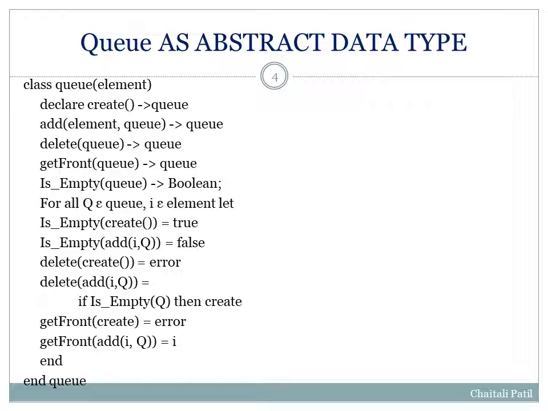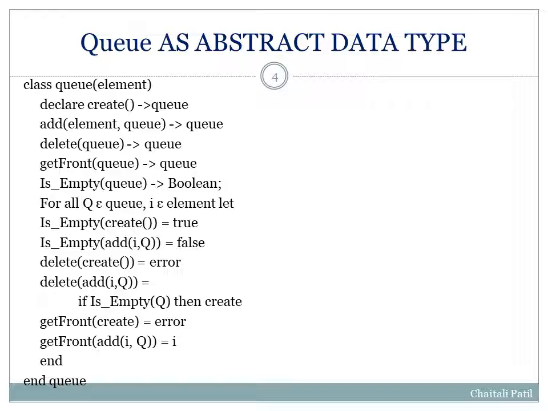Then add element in a queue and this function will return a queue. Delete the element from a queue and it will return a new, updated queue, from which the element is deleted from the previous queue. So this delete queue function will return an updated queue.